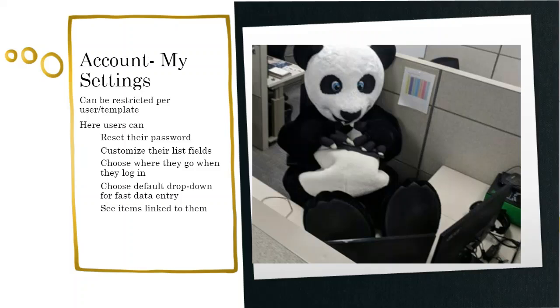It used to be if you made a change to list fields, everyone just had to have the same layout. That's no longer the case. You can also set up a default landing page whenever a user logs in. So if a particular user deals more with inventory or maybe things like work orders and tickets, that can be their home page, so to speak, in Asset Panda, versus logging in and landing on something like.